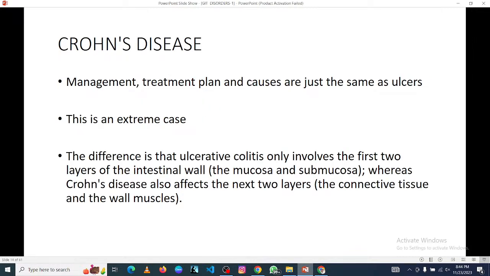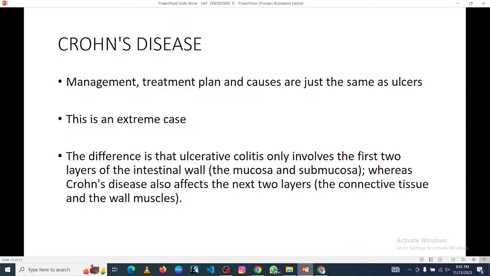So Crohn's disease, this is one of the inflammatory bowel diseases. So it's one of the diseases under inflammatory bowel disease.